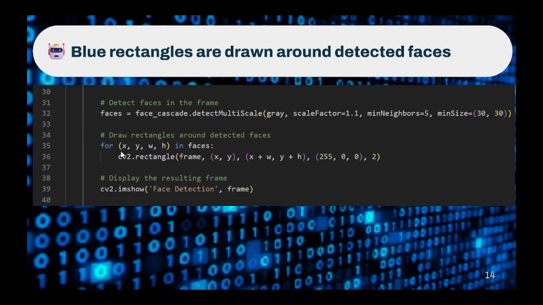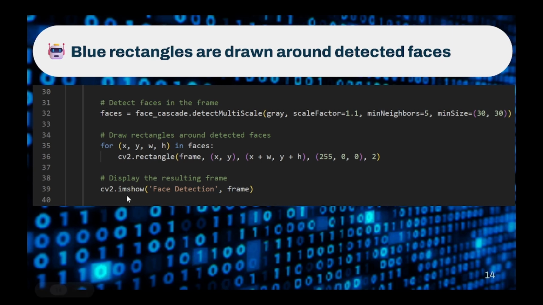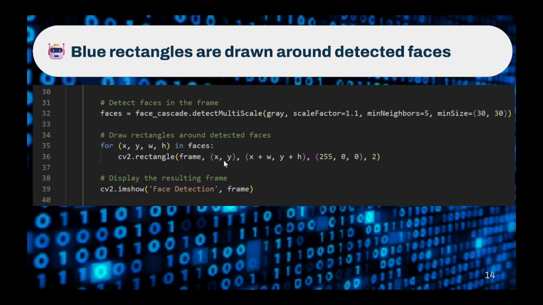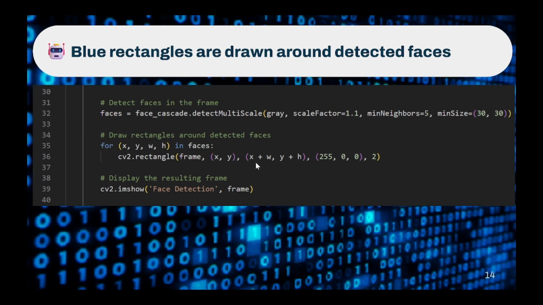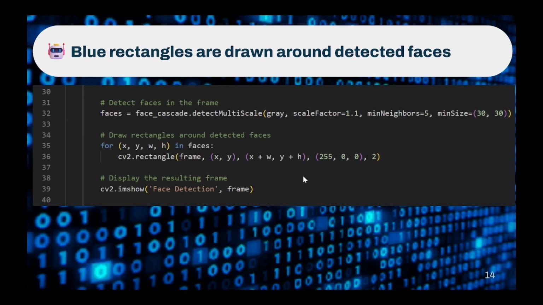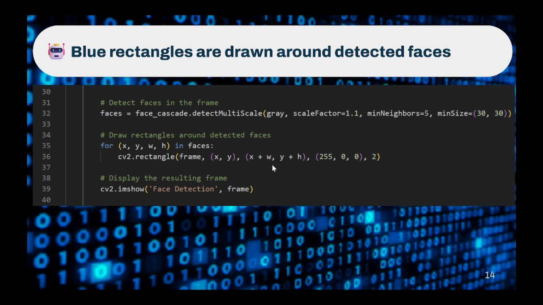This is x, horizontal, y, vertical, w for width, and h for height. So the horizontal axis and width go together, and the y-axis and height go together to draw the frame.